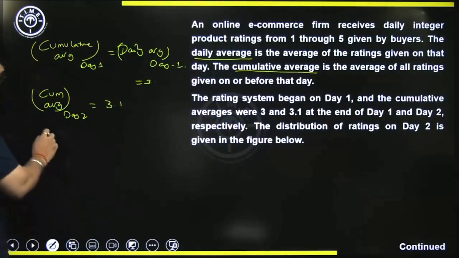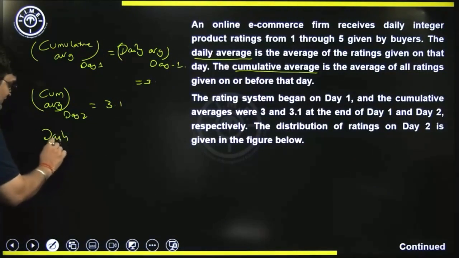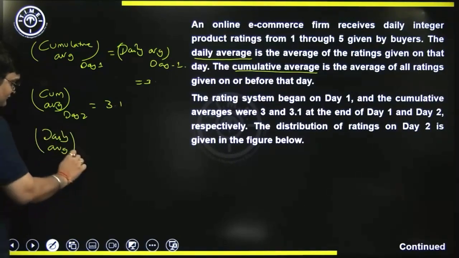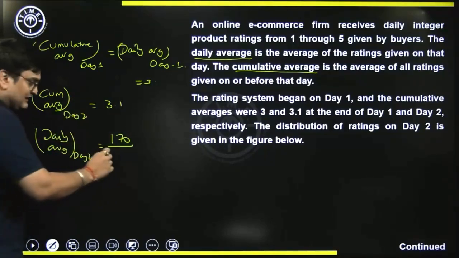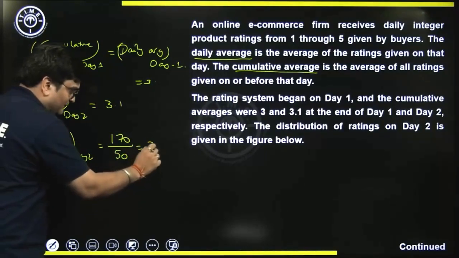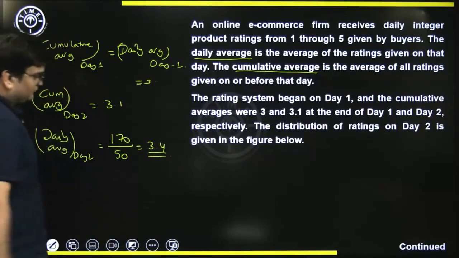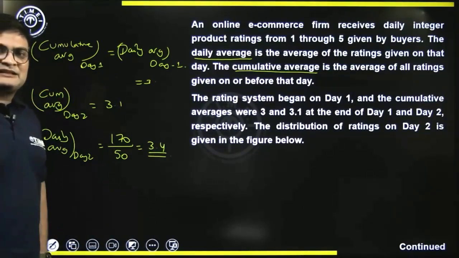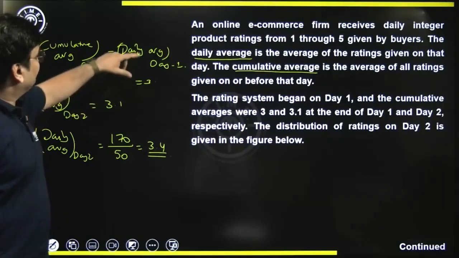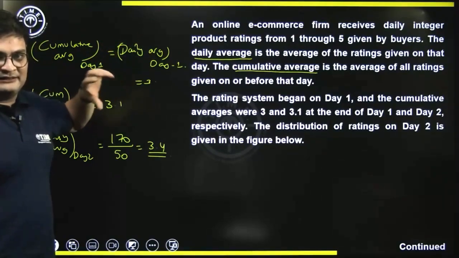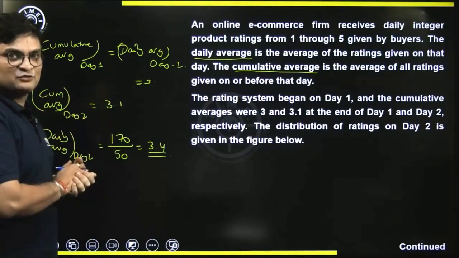So thus can I say daily average on day 2 will be total sum of ratings divided by 50, which is 3.4. Now let us try to calculate the number of people on day 1. Day 1, what were the number of buyers who rated?